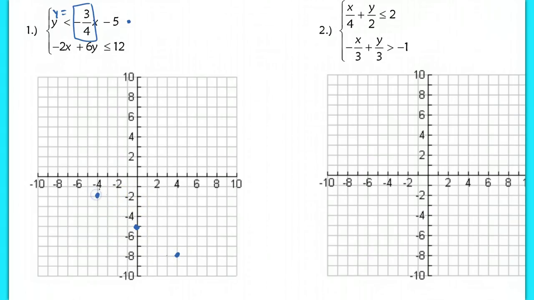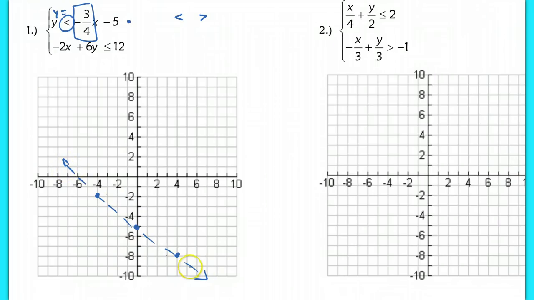Okay, now the only difference with an inequality is that I do not graph a solid line. I have to look and see the inequality here, which is a less than symbol. Since it's a less than symbol, or if it was a greater than symbol, it would be a dashed line. This represents that points on the line do not actually satisfy this inequality.